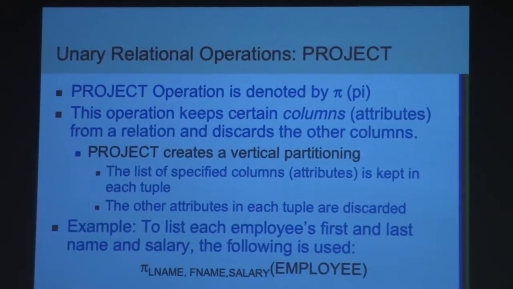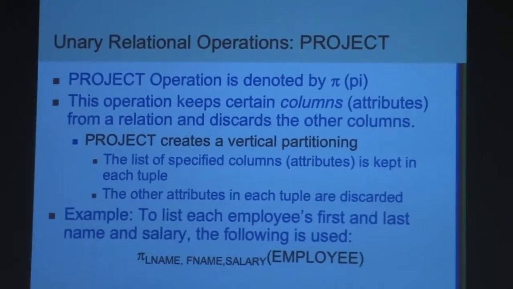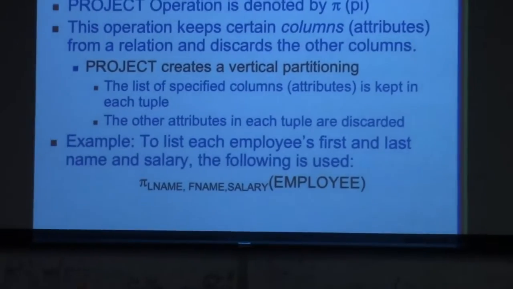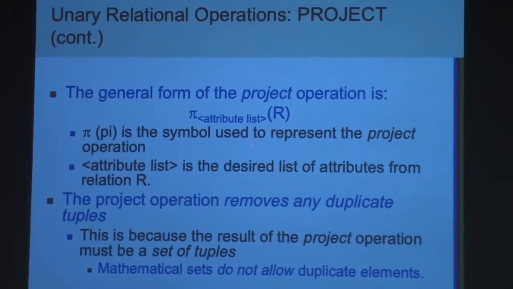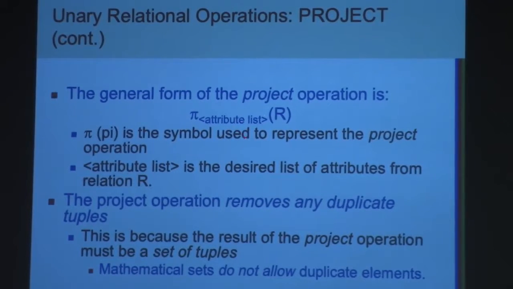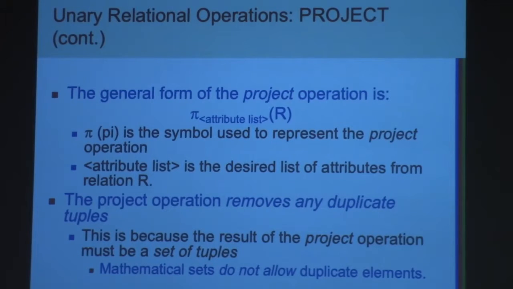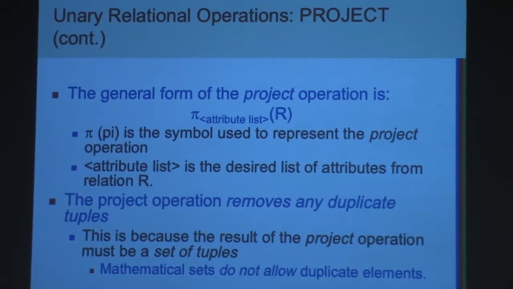Okay, so projection is to specify the specific attributes. This way, project. We can put the list of all the attributes as a subscript. What does that mean? Mathematical sets do not allow duplicate data.